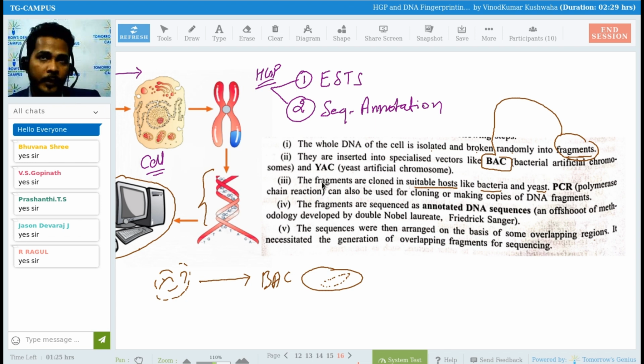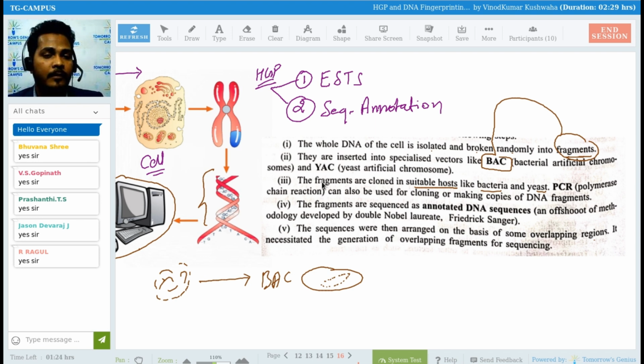So in the future, if you want to create a genome of any particular organism, what steps do you have to follow? First of all, you have to isolate the cell. That isolated cell is going to be broken down into fragments. Those fragments you insert into a specialized vector. Any vector you can take, but here it is specifically a bacterial artificial chromosome or yeast artificial chromosome.